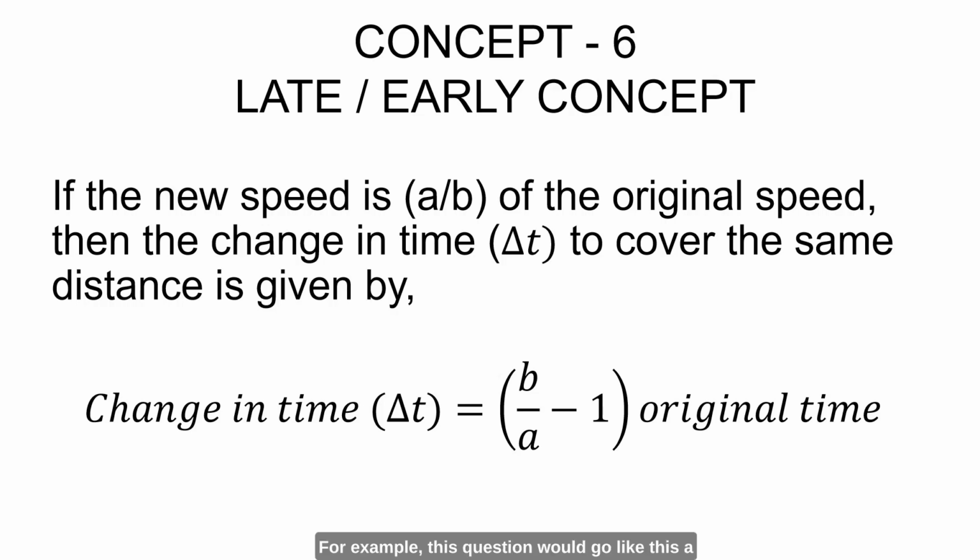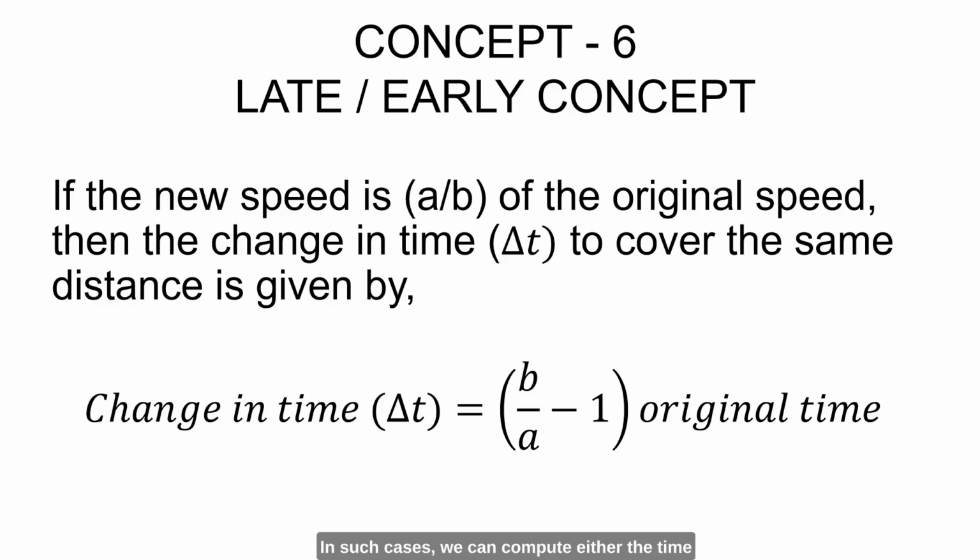For example, this question would go like this. A man would travel a by b times of the original speed and he would reach the destination few minutes or few hours late or early. In such cases, had he travelled by the original distance, what would have been the original time required to reach the destination?